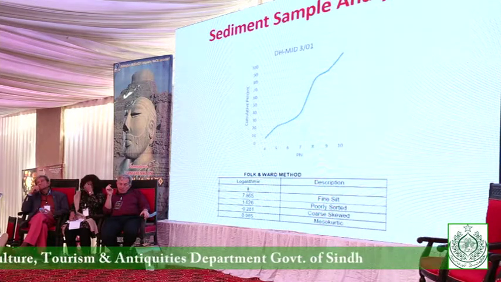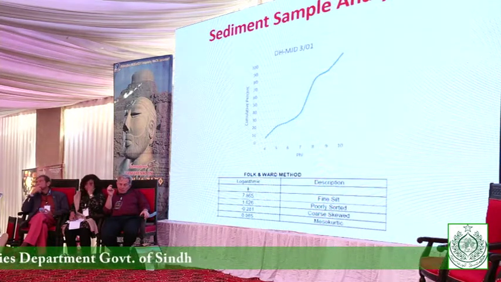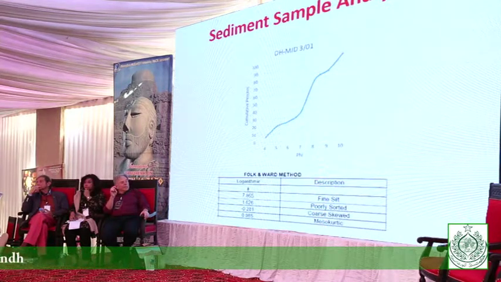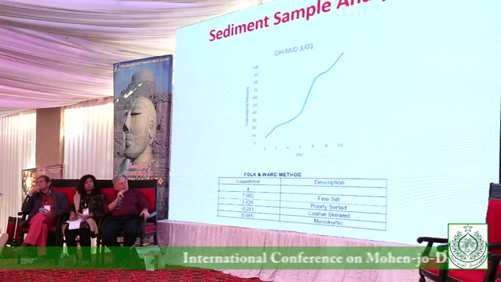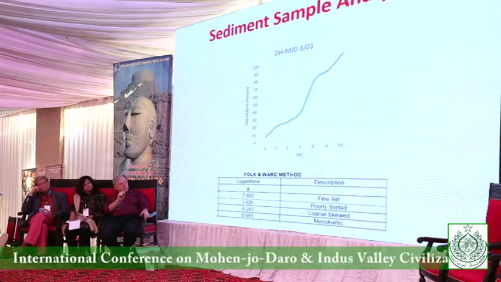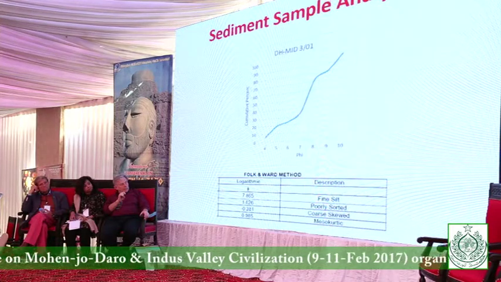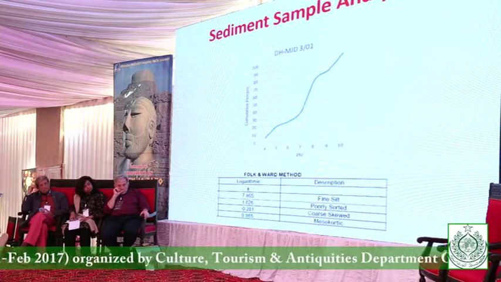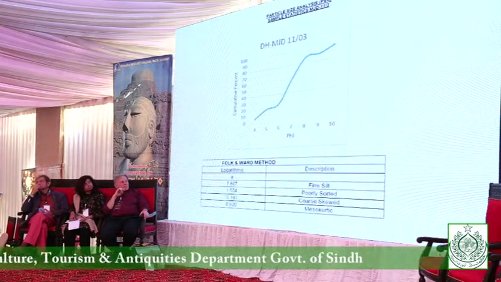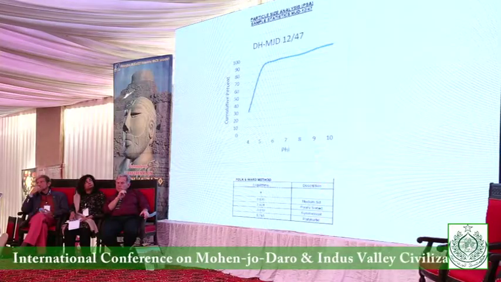If it has a smooth unimodal curve, then it is quite possible that it's a fluvial deposit, a river deposit, whereas a multimodal curve, having these balloon shapes, more than 1, 2, 3, may give an indication that this is either a dump or may not be deposited from the river. In this manner, we collected about 300 samples from 55 cores, which have been analyzed. As you can see in this, this is also a bimodal curve.